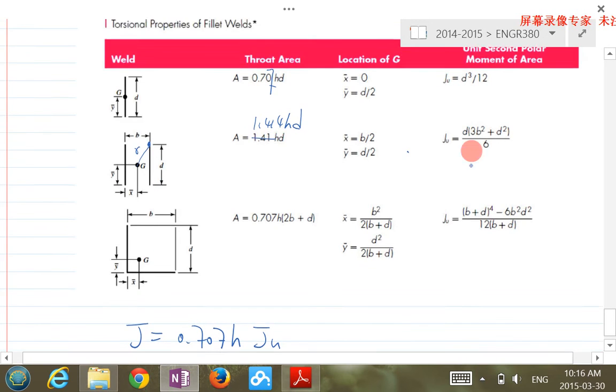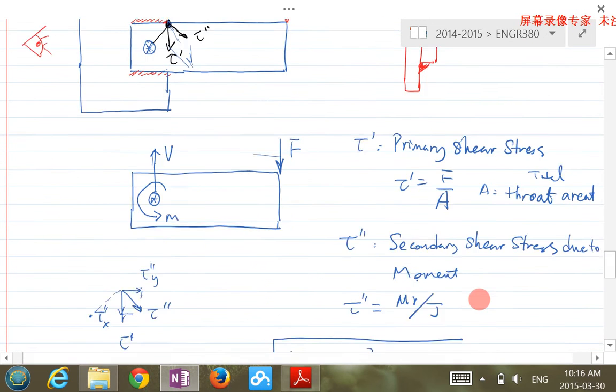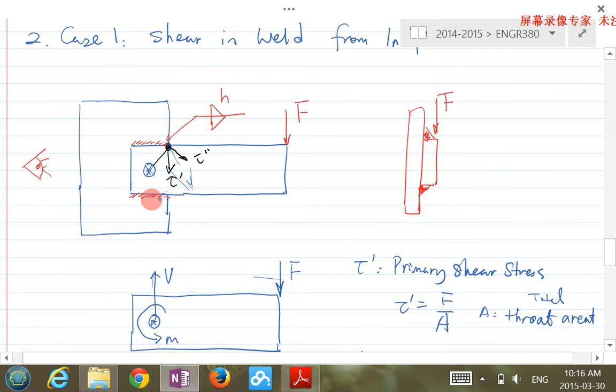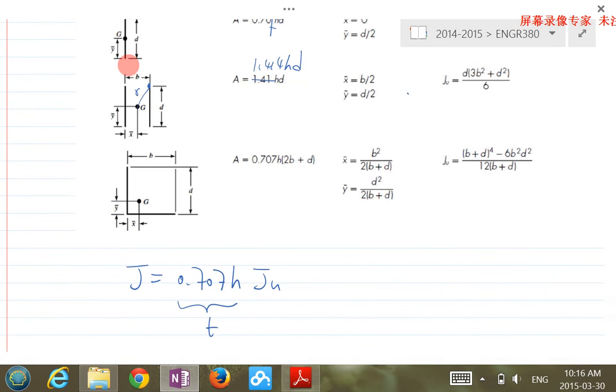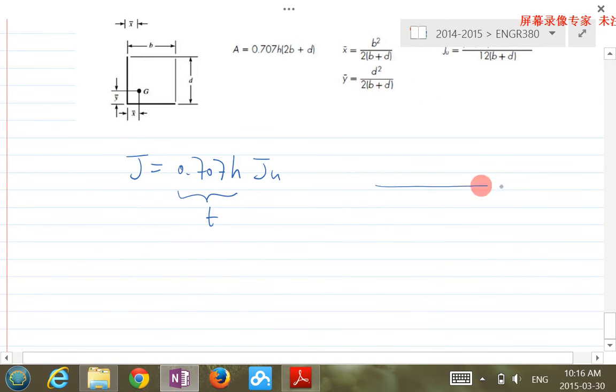Okay, if you look at this one here, there's one missing though. What is missing? It doesn't have what I drew here, right? What I drew is not this. When you have this one here, your welding is like this. You weld it here, and then underneath that plate over there.